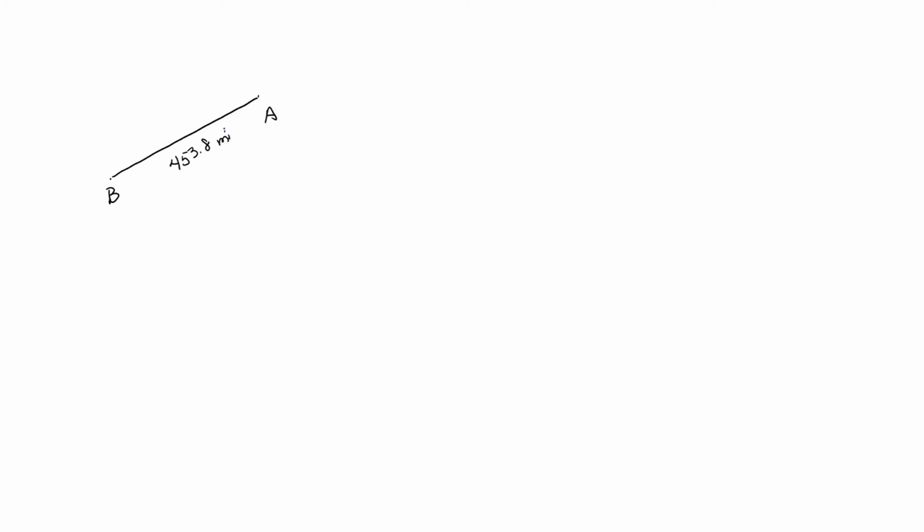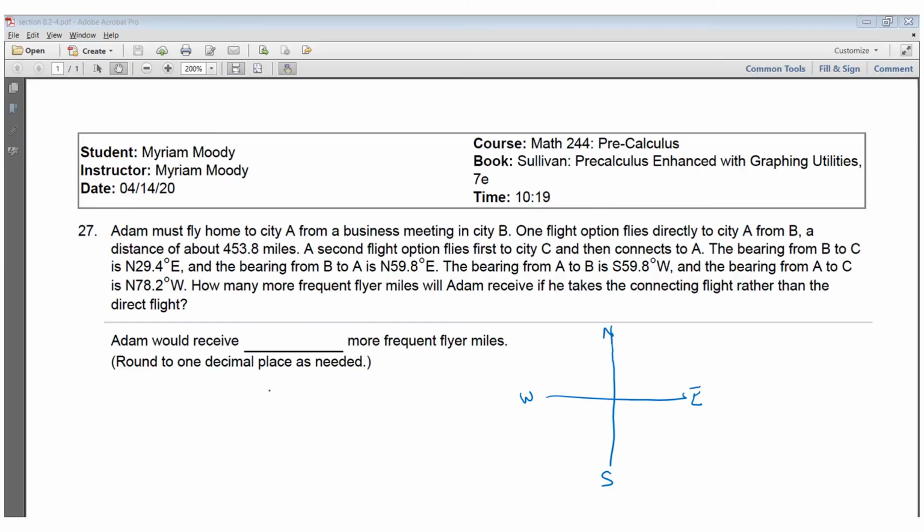And he could take a connector instead to City C and then fly home to A. All right, so let's check this out and see what's going on. So there is from City A to B, 453 and 8/10 miles. Second option goes to C first and then to A. All right, so here it is.